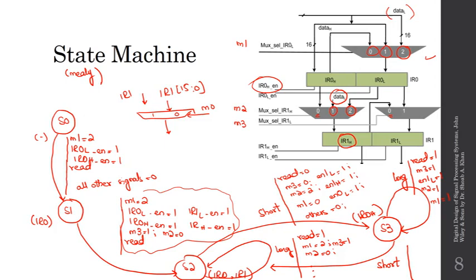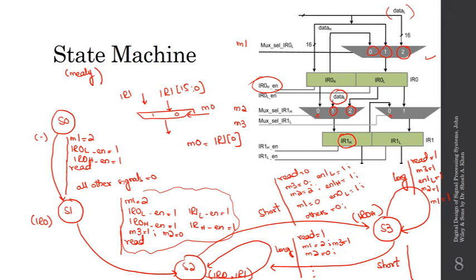Interestingly, we don't need to generate a new signal for M0. M0 can directly be equal to the long or short instruction signal that we already received, which was IR1 of 0, because this was already informing us whether this is going to be a short instruction or a long instruction.